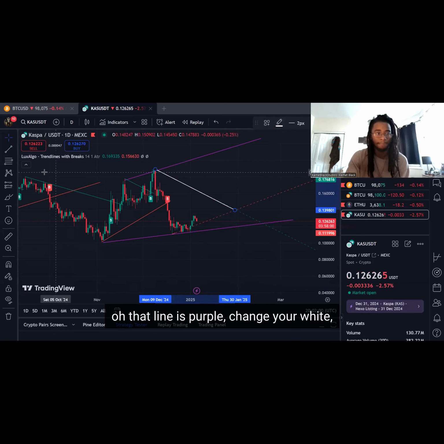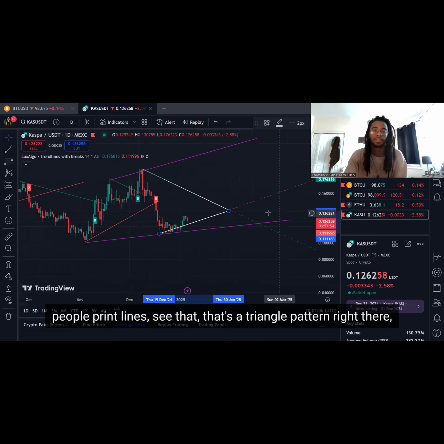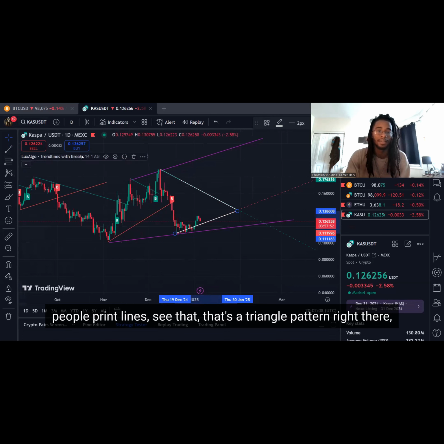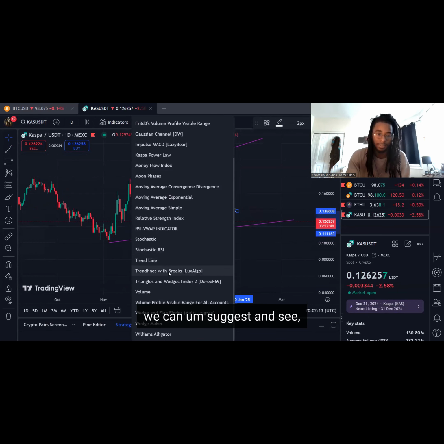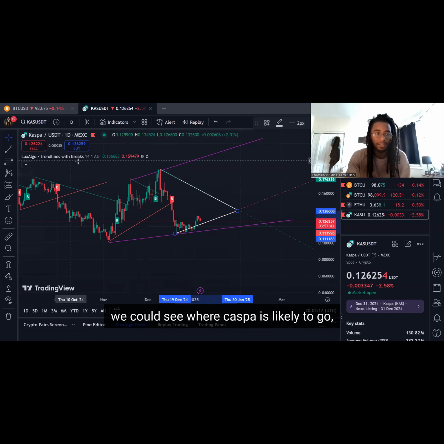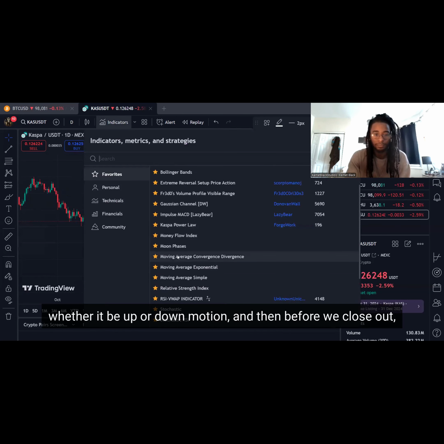Change it white. Looky here. Trend lines, people. Trend lines. See that? That's a triangle pattern right there. We can see where Kaspa is likely to go, whether it be up or down motion.